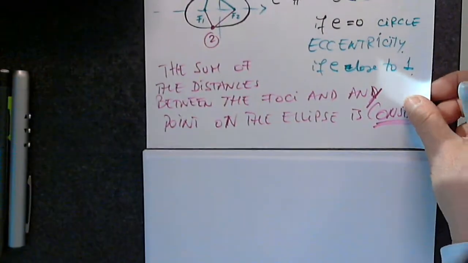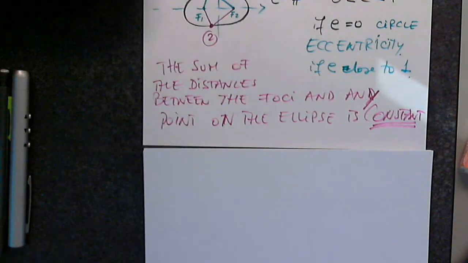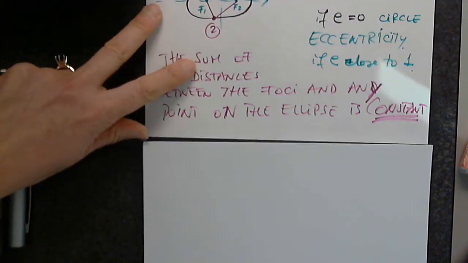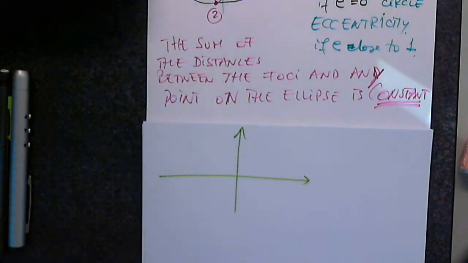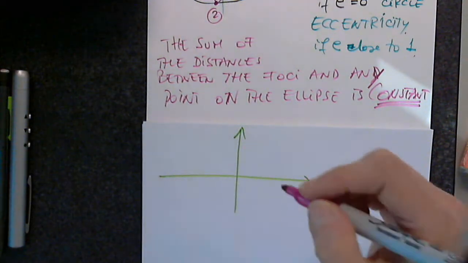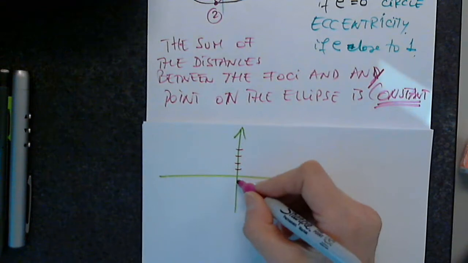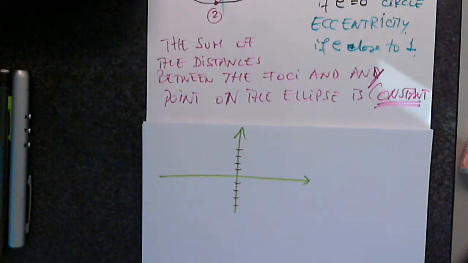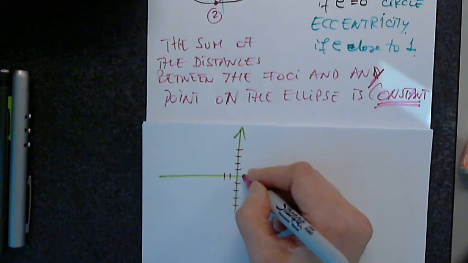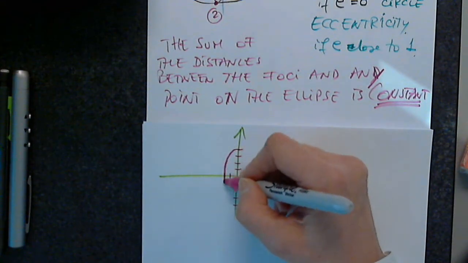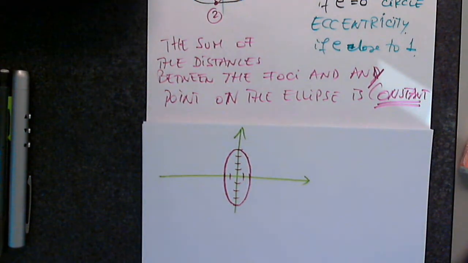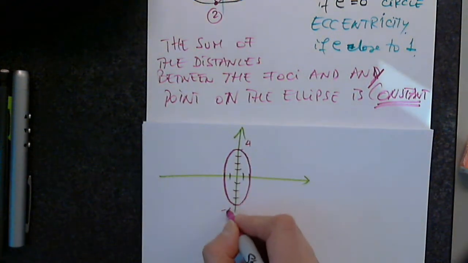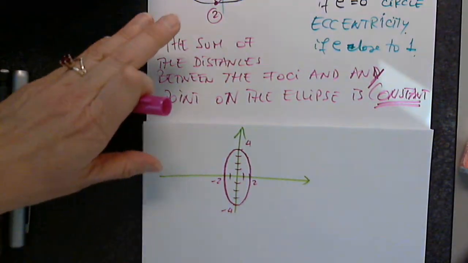So we know now that the ellipse has 2 foci, and it has a major axis and a minor axis. I'm going to graph an ellipse again, this time on the y-axis. I'm going to say 1, 2, 3, 4, 1, 2, 3, 4, and it's going to be centered at the origin. This is the graph of an ellipse centered at the origin, with 4, -4, -2, and 2.